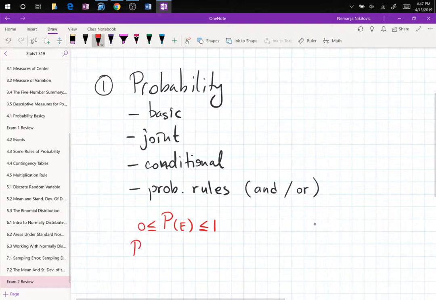Then we have the probability of the event A or B, and we have two of these. One of them is special, which is you just add these and you're done.